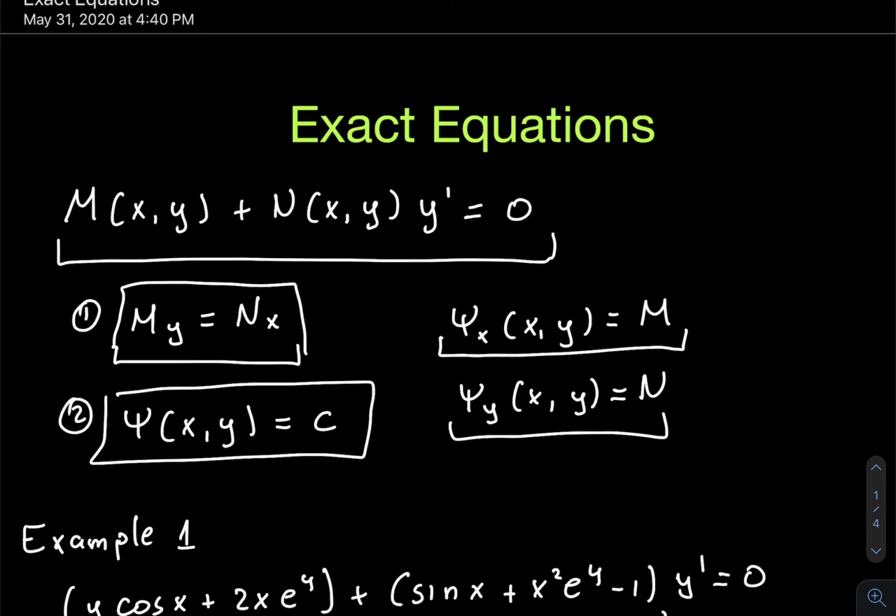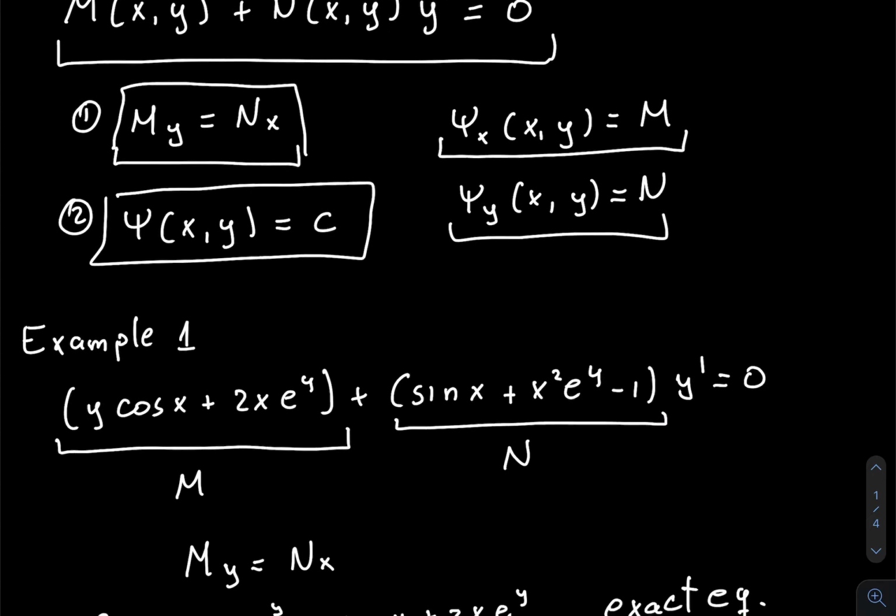And how do we do that? We need to check that the partial derivative of m with respect to y must be equal to the partial derivative of n with respect to x. If they're equal, then we can say that there exists a function psi that depends on x and y that is equal to a constant.